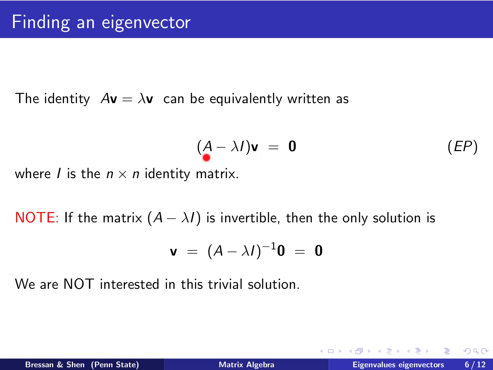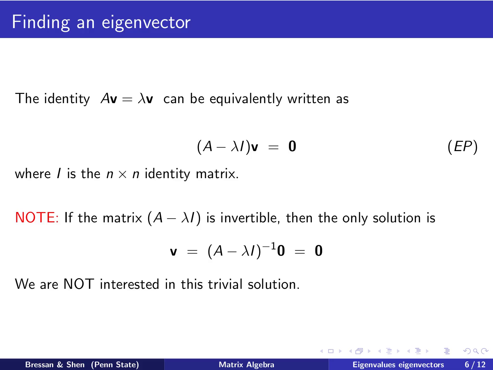So we have (A - λI) times v equals 0. We are interested in the case where this equation has a non-zero solution, because for v to be an eigenvector, it must be a non-zero vector.